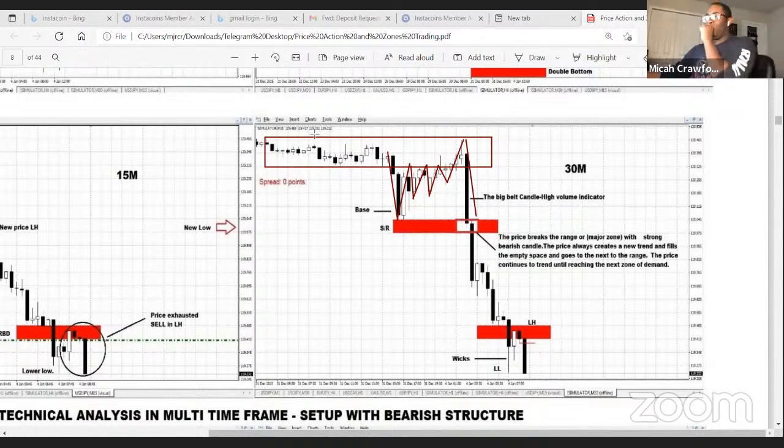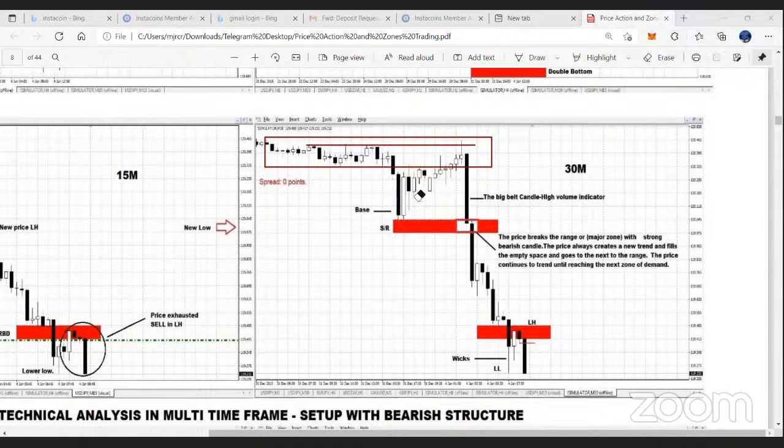Now, if I'm not mistaken, if I place this line right here, I bet you I see a retest right there. I bet you I see a retest right there. Can y'all see it? Yep, we see it.